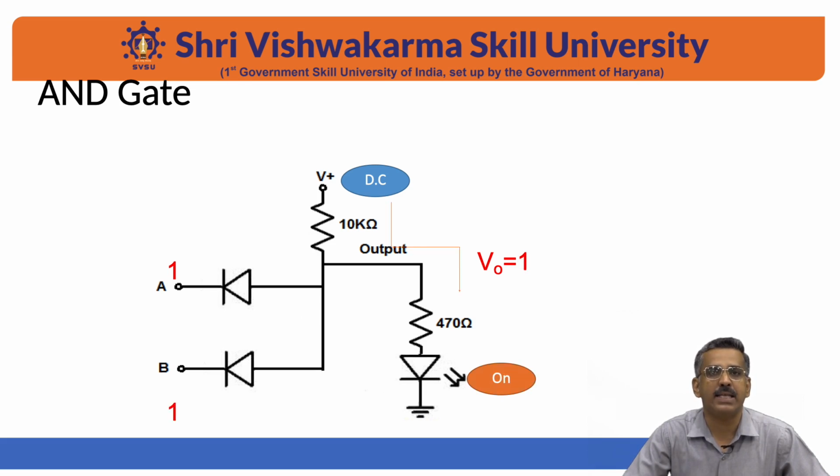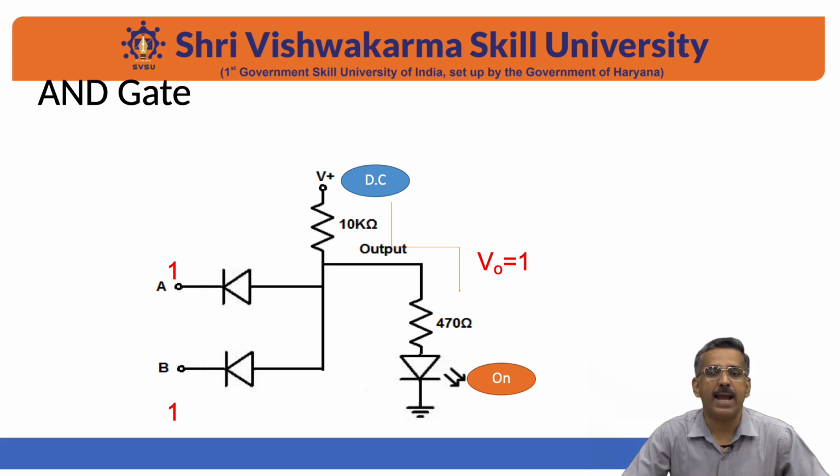Now, let us see the fourth condition. Under this condition, we are applying the higher voltage at both the terminals, that is A and B. Now, we are looking that current will flow through the LED, and the LED will glow and remain on under this condition, and this will act as an AND gate.